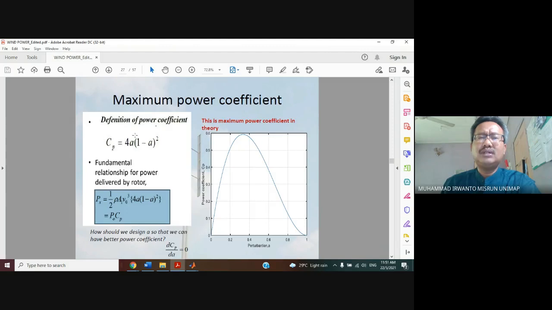When we do this, we obtain two values of the perturbation A, and one of them is A equal 0.33. Please try it. We obtain A is 0.33 using dCp over dA equal to 0.